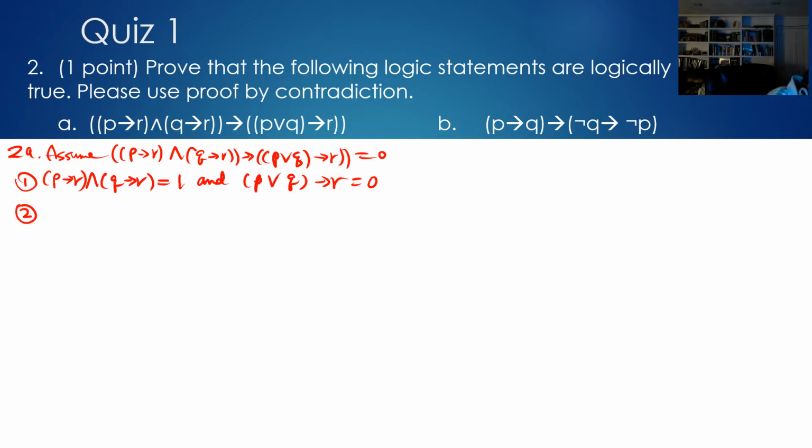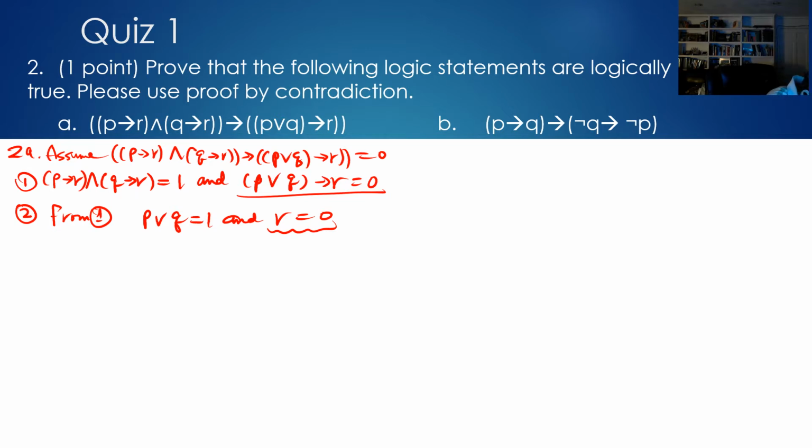Now based on from 1, because the second expression is 0, and by itself, the second expression is an implication, right? So if this is 0, that means the antecedent is 1, which is P or Q, and the consequent is 0. So now we got R equals 0.